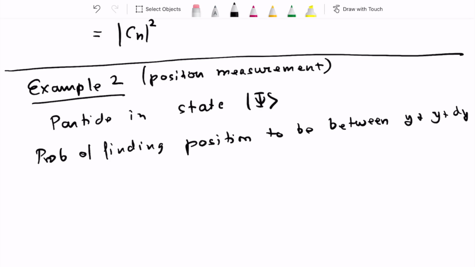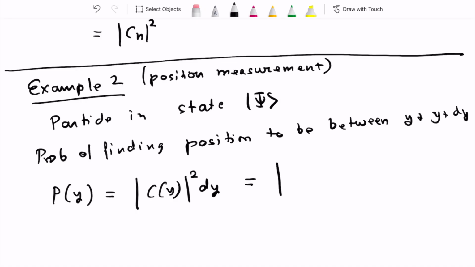It says that the probability of measuring the particle's position to be between y and y plus dy is going to be the absolute value of cy squared times dy. Here cy is just the overlap, or scalar product, of the eigenstate y with psi. These y's are the eigenstates of the position operator.